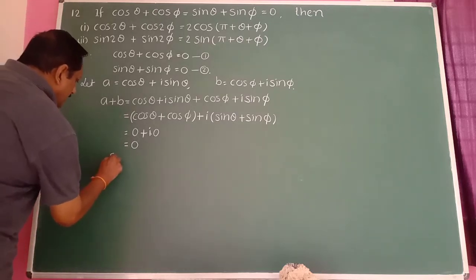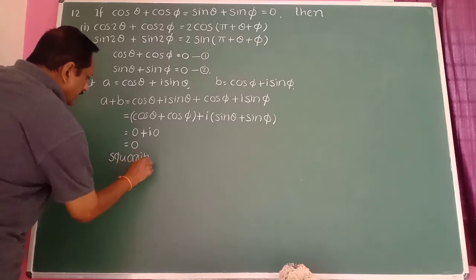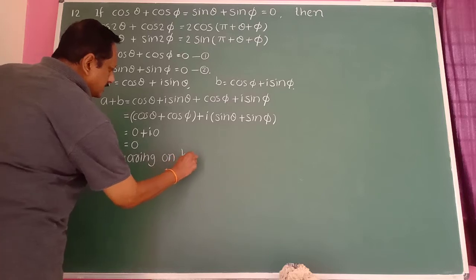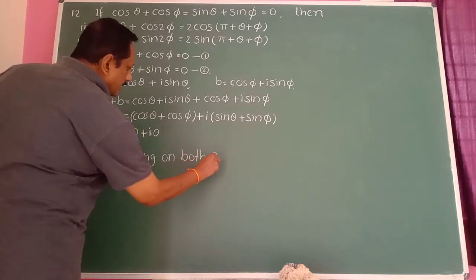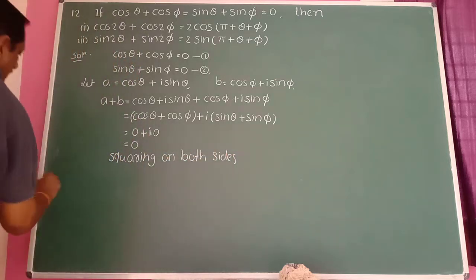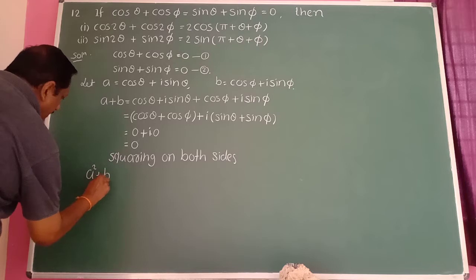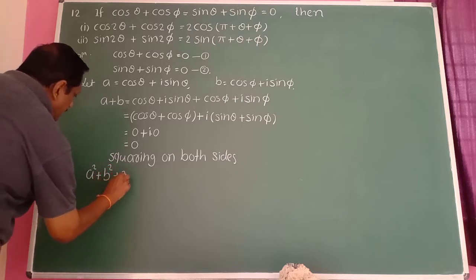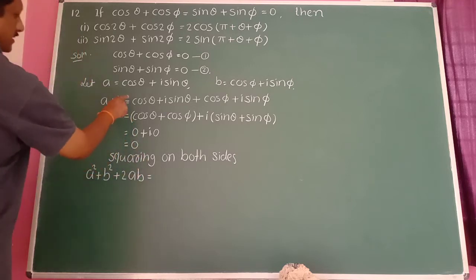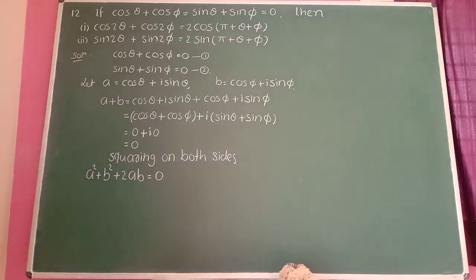Then squaring on both sides. A plus B whole square becomes A square plus B square plus 2AB is equal to, right side 0, so 0 square is 0.